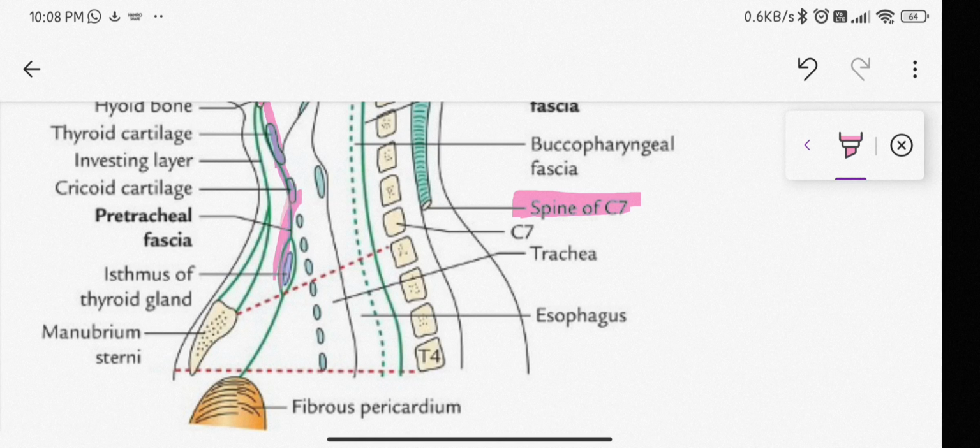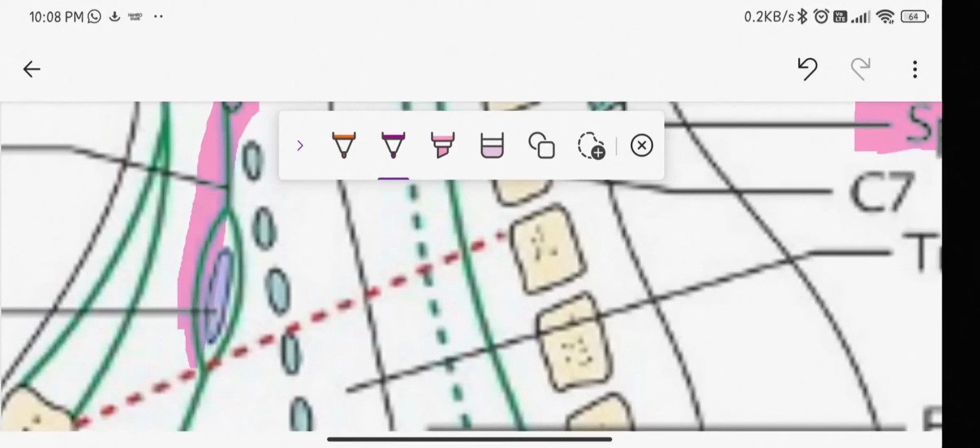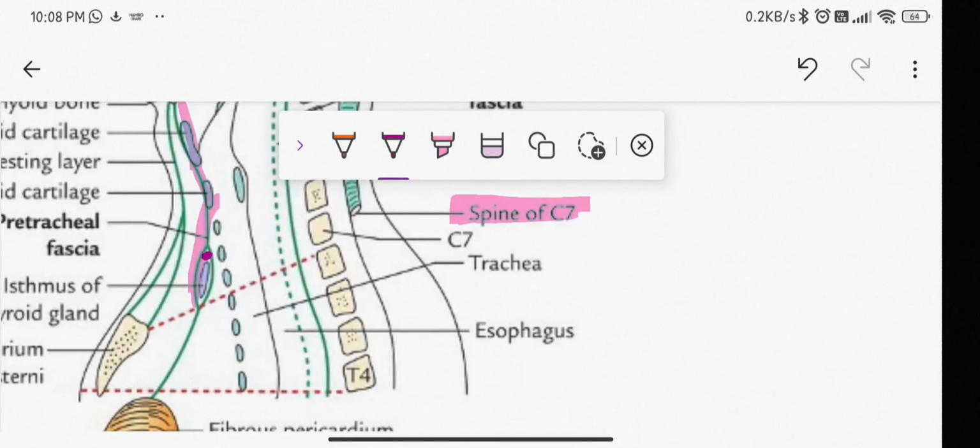Here it forms a space, and that space is known as the suprasternal space.